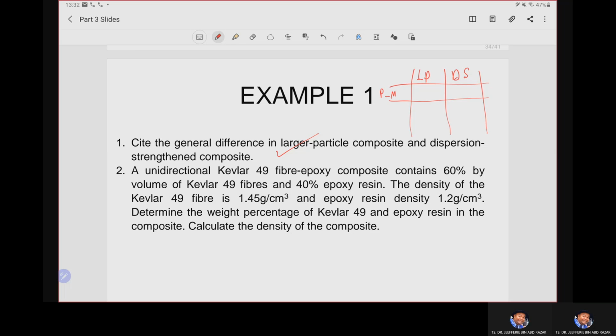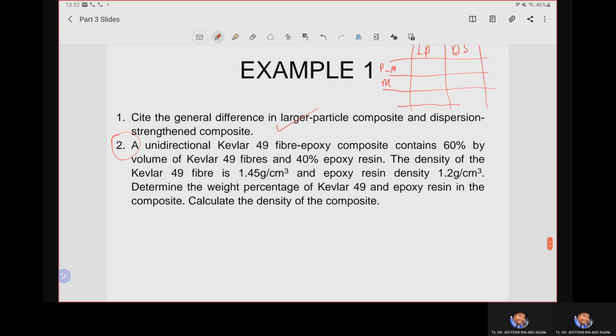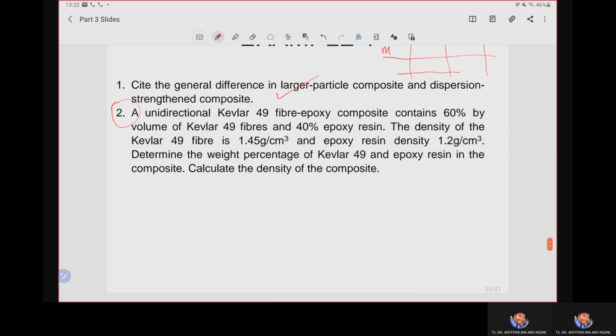Then you can talk about the mechanical properties resulting from the large particles and the dispersion strengthening. Also, you can name a few examples for each category.